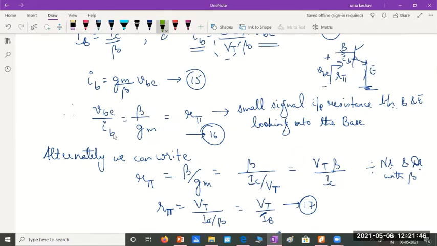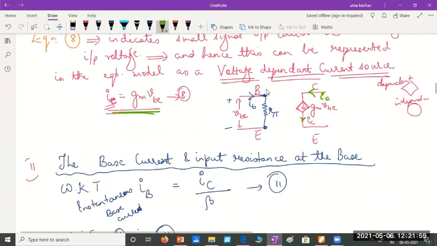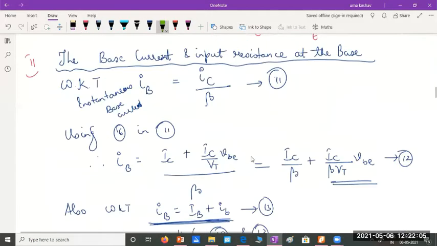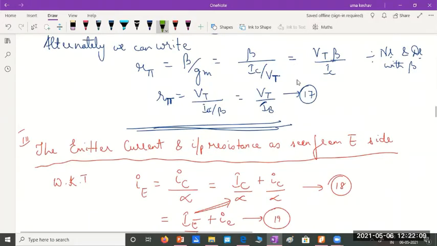So vbe by ib is obtained as beta by gm, which is nothing but the resistance as seen between the base and emitter, r pi. So if I write an equivalent circuit between base and emitter on the input side, I should write a resistance r pi. Finally, we also determined r pi in terms of VT, IB, beta, gm, everything.